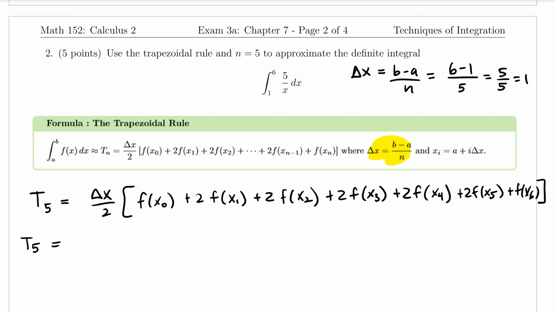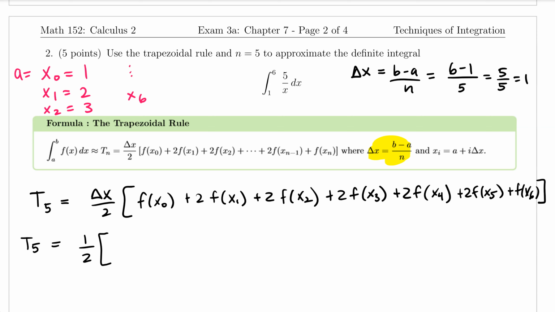All right, so delta x was equal to 1 from our earlier calculation, and we know that x sub 0 is our a value, which is our lower limit of integration, so that's 1. x sub 1, because our delta x value is 1, that means I'm going to add 1 to 1, so our next x value is 2, and then 3, and so on, and then our last x value.